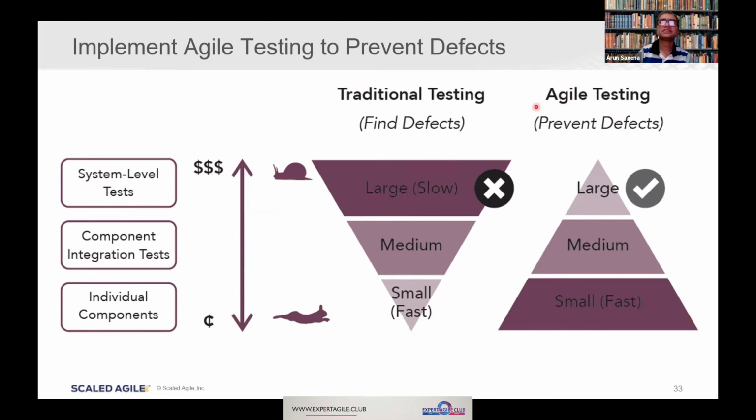So instead of this, we should follow agile testing, which is created mostly to prevent the defects. Early in the stage, there should be a lot of unit test cases or individual component test cases developed, and software should be tested very early, with small components tested individually, and this can be a fast approach. The component integration can be medium, and as we test a lot of functionality lower in this triangle, the actual system level tests can be small, and can be run much faster.